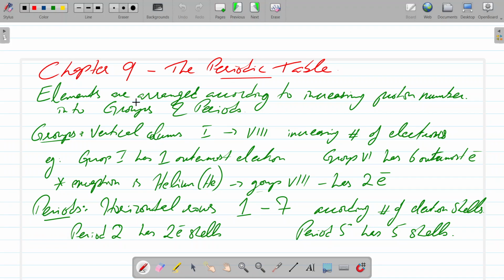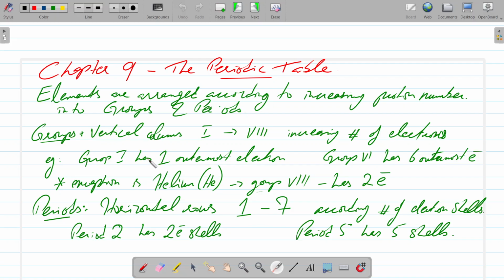So, in the periodic table we've talked about how elements are arranged according to increasing proton number, in groups and periods. The groups are vertical columns going from 1 to 8, and those signify the outermost electrons.